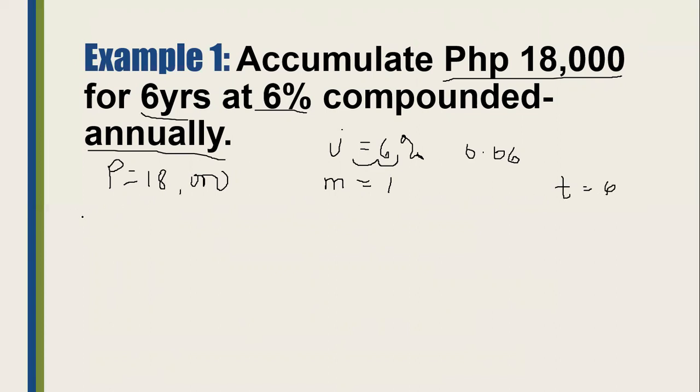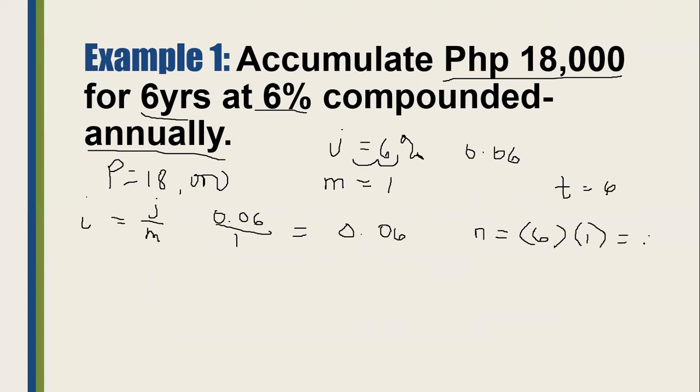So we can solve our I first. I is equals to J divided by M. Our J is 0.06 divided by 1. So 0.06. Next is our N. T multiplied to M. Our M is 1, so we have 6.